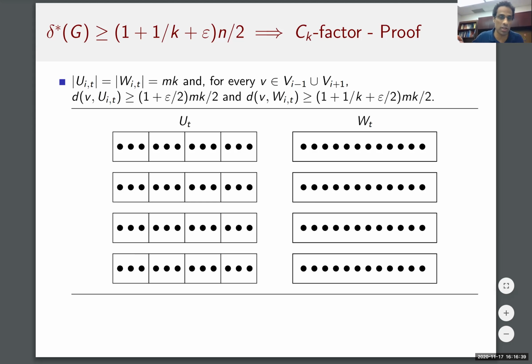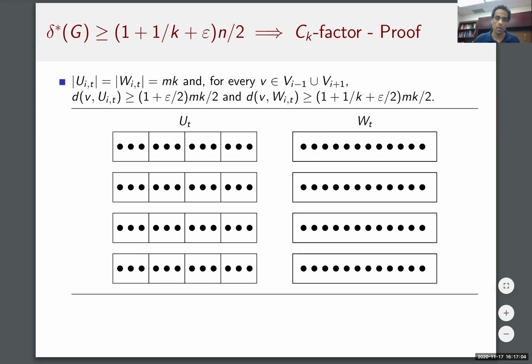I didn't mention the Chernoff bound, but this is a consequence of the Chernoff bound that, since I had this degree before, I should have the right proportion of neighbors inside each one of these now smaller parts, which means I should see a little bit more than half of the neighbors in here. And that should hold for everything in the other two relevant parts.